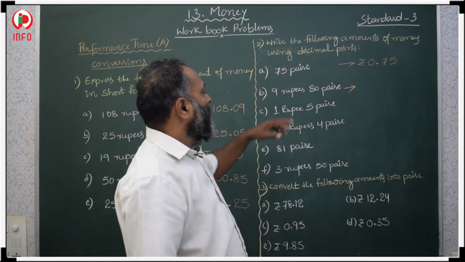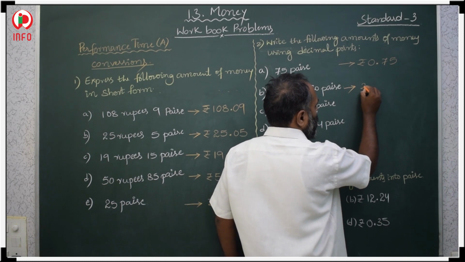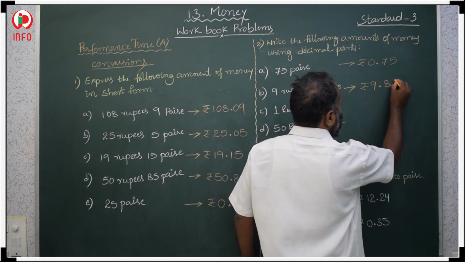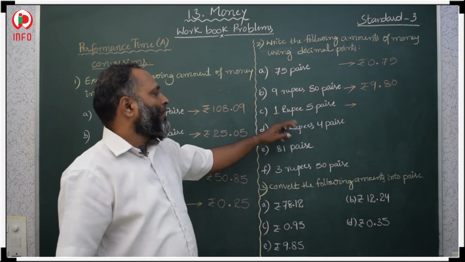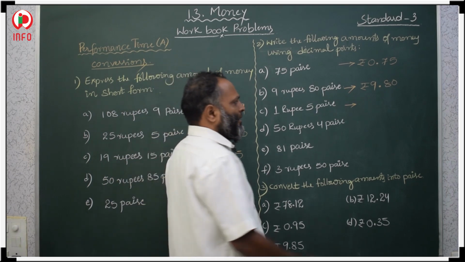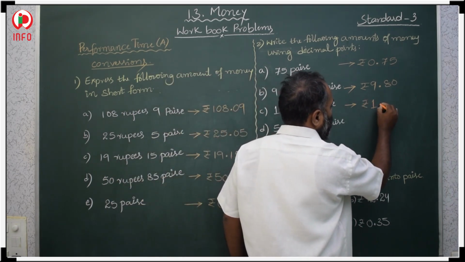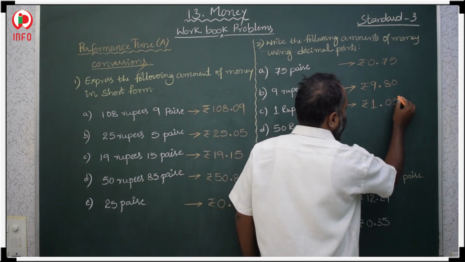Now 9 rupees 80 paisa means first the rupees symbol, 9 rupees, and after that a decimal, 80 paisa. Then 1 rupee 5 paisa, rupee 1, then after that the decimal point will come. 5 paisa means 05.